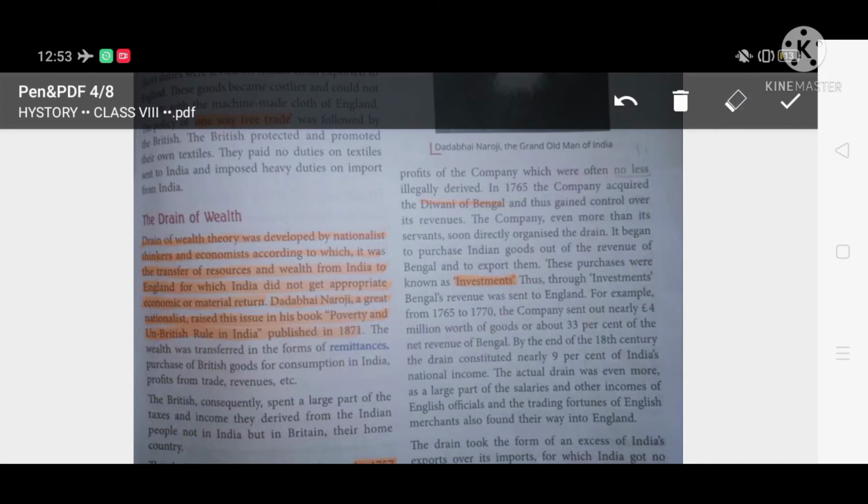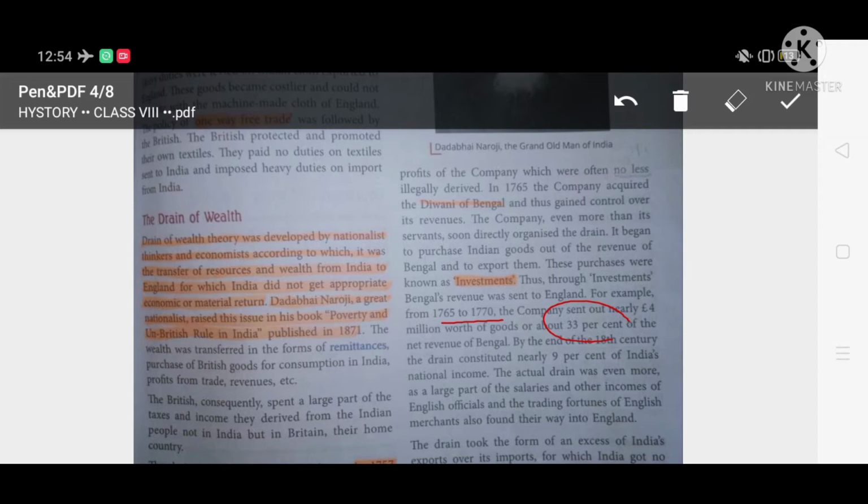For example, from 1765 to 1770, the company sent goods worth millions, about 33% of the net revenue of Bengal. By the end of the 18th century, the drain amounted to about 9% of India's national income.